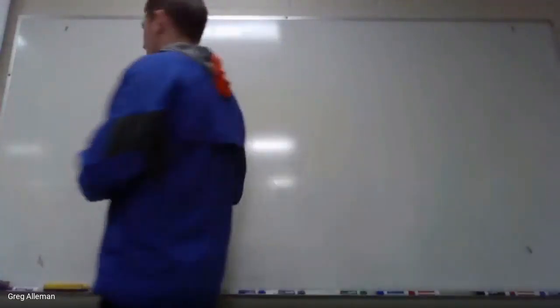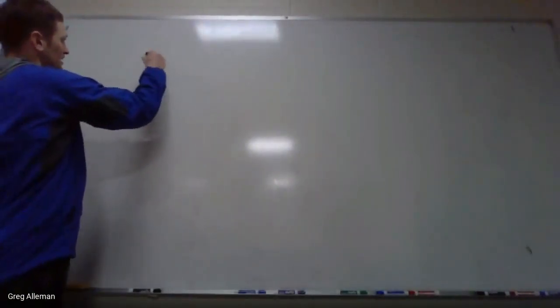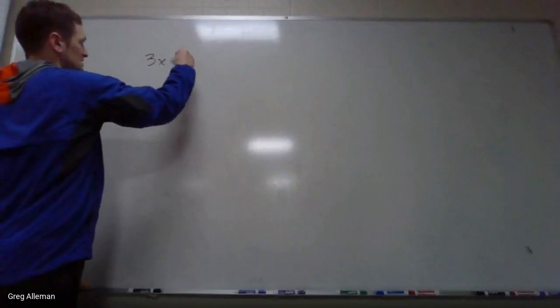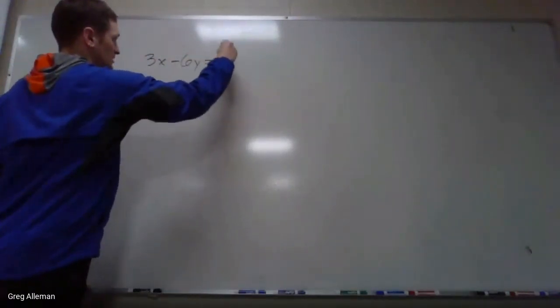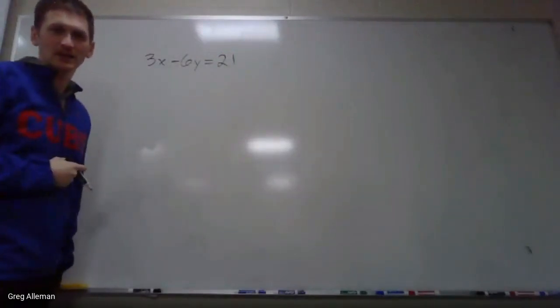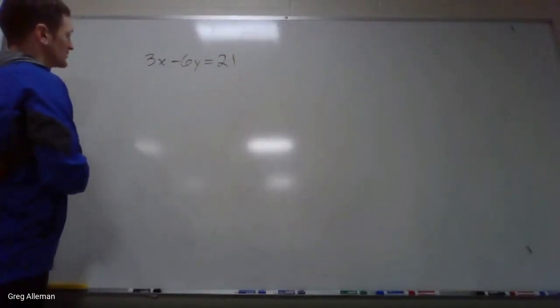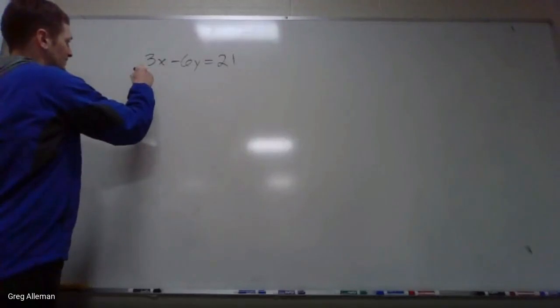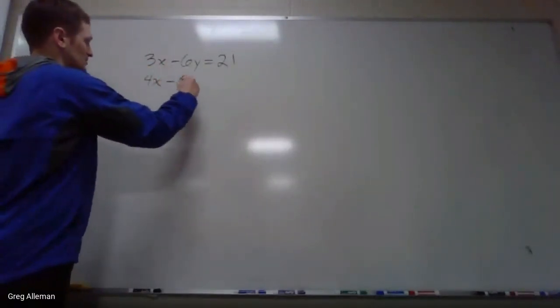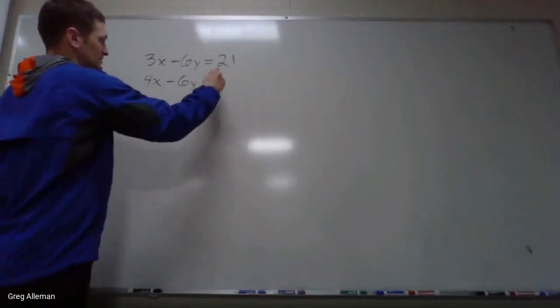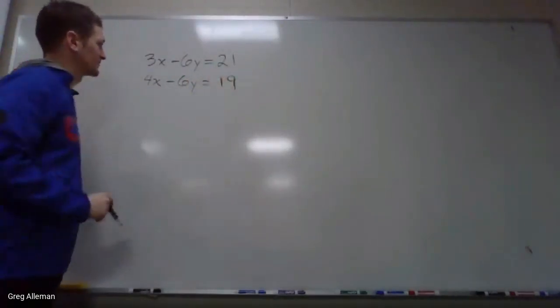Start over this way. So let's say we have 3x minus 6y equals 21. And then let's say we have 4x minus 6y equals, I think, 19.